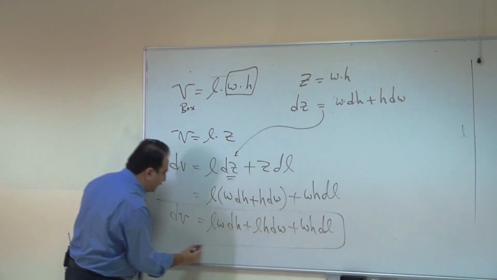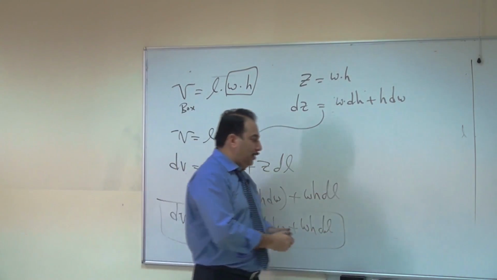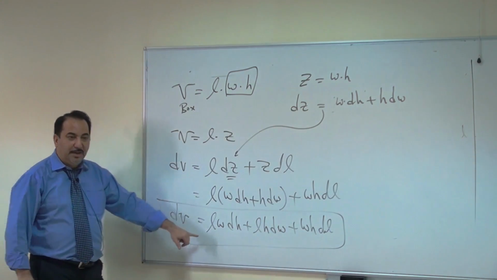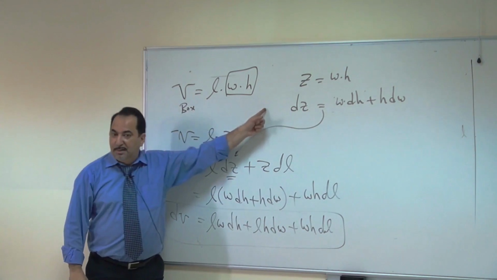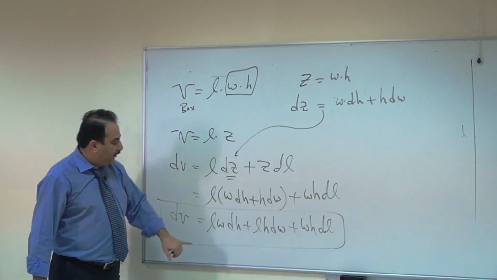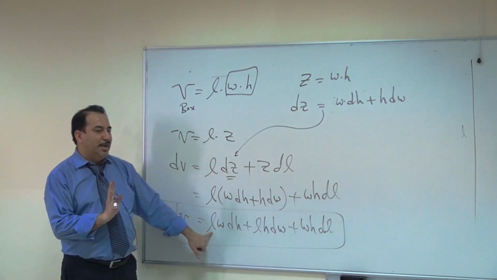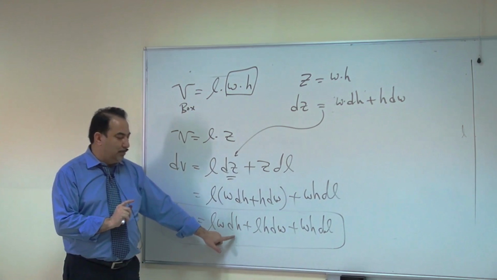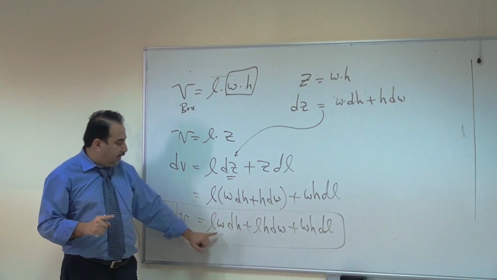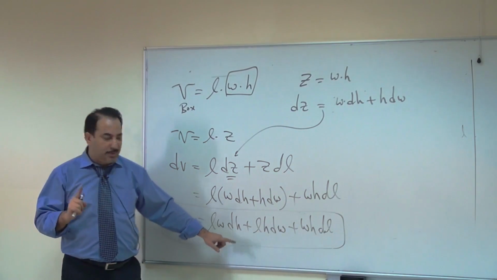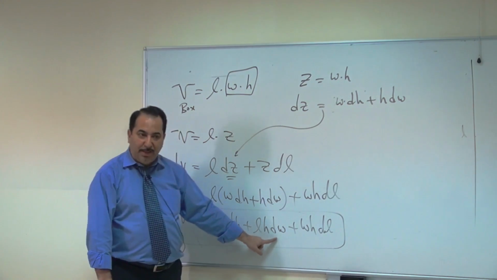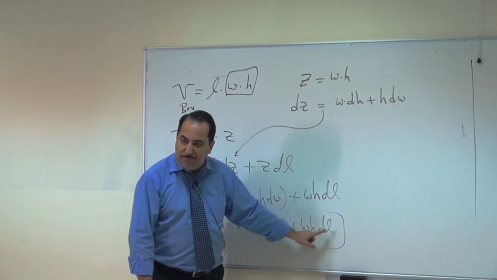Now, you may think this is hard to remember. Difficult? No. There is a pattern here. Look at the pattern. How many terms do we have? 3. Look at the first term. You don't touch L, you don't touch W, but you derive one of them, H. So leave LW, derive H, plus leave the other 2 and derive the third, W. Leave another 2 and do it.